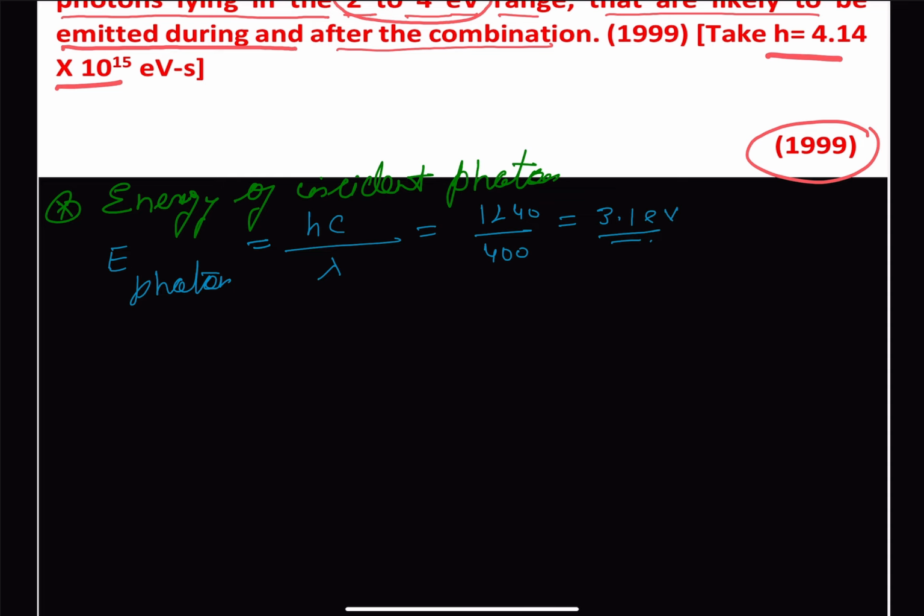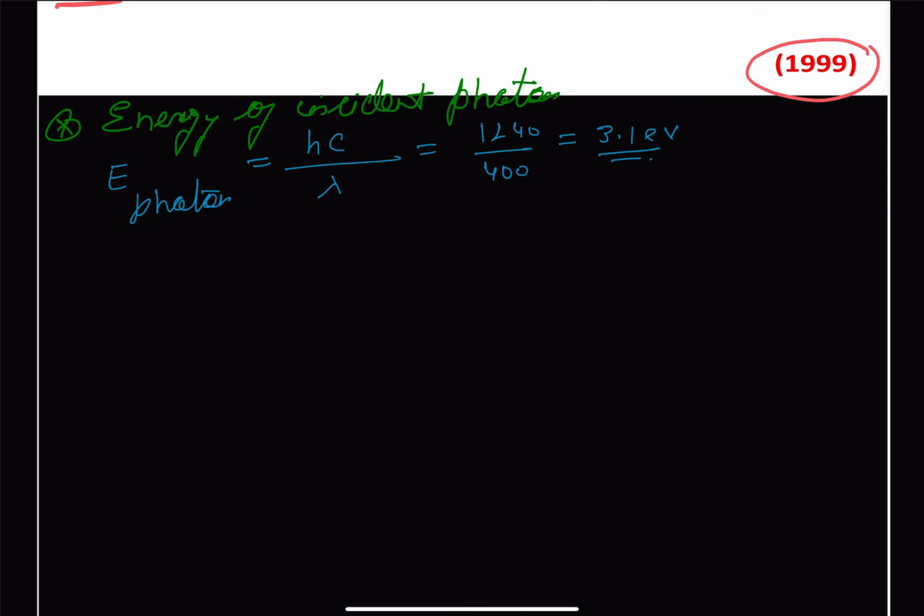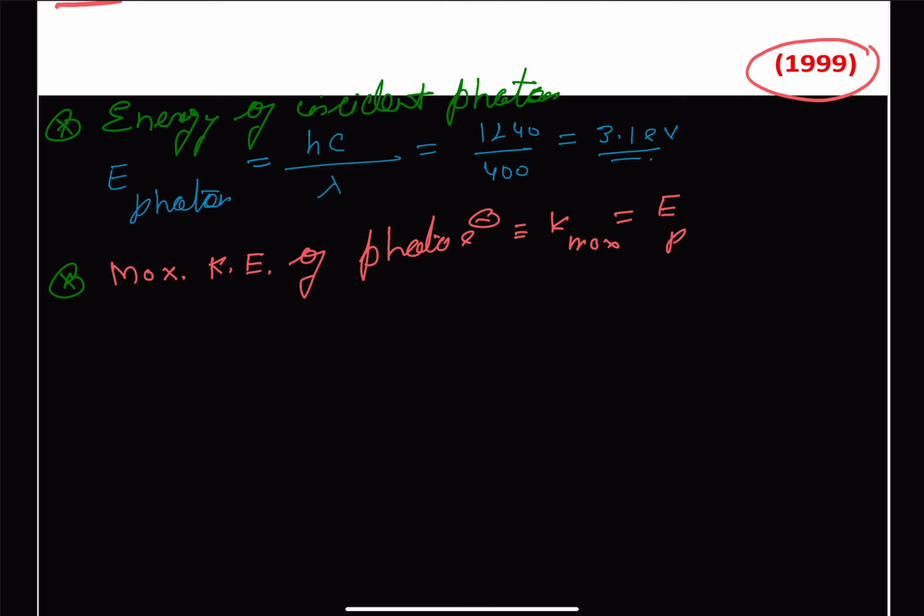So based on this we can easily find the maximum kinetic energy of a photoelectron. The maximum kinetic energy of the photoelectron, that is K max, will be equal to the energy of the photon minus the work function.